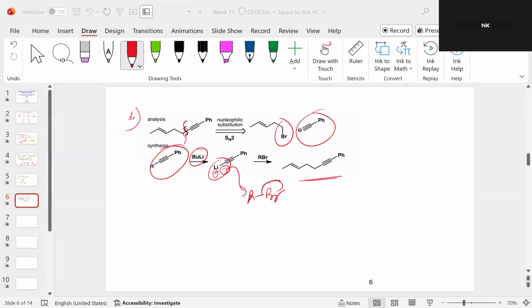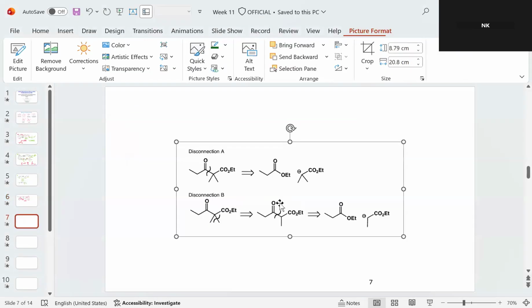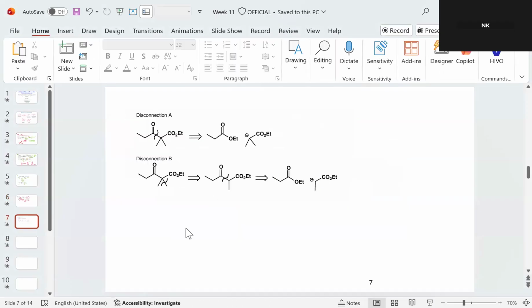If you look at some more problems, this is one category of problems that I will take here first. So this center is more important. You may have seen many problems based on these centers, particularly the active methylene group here.